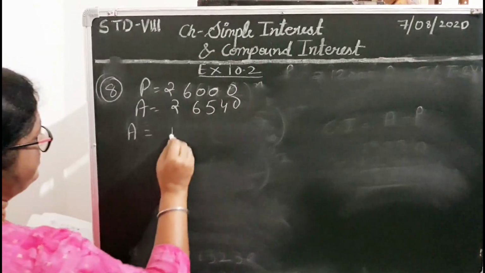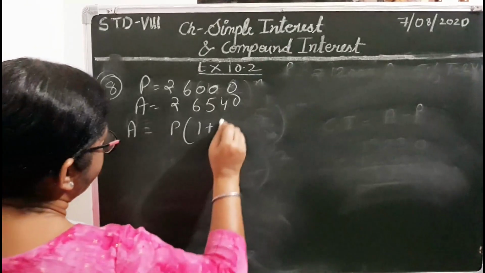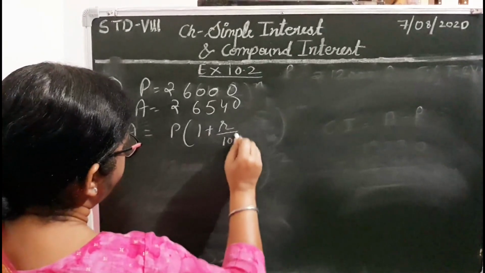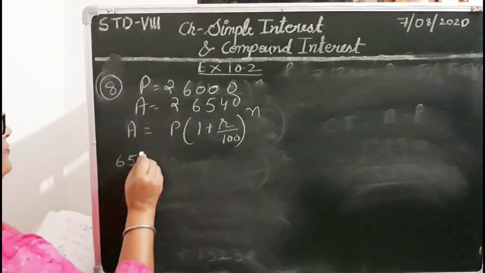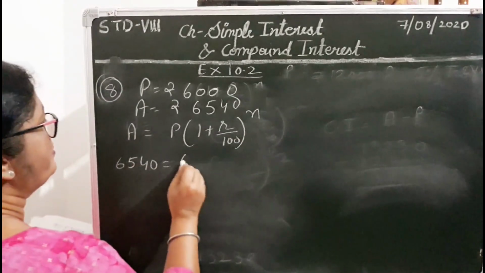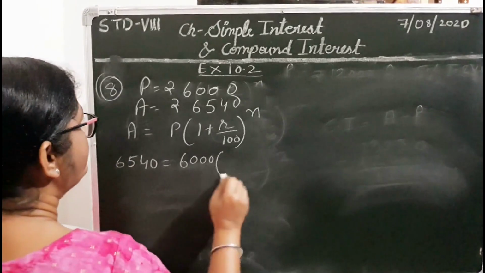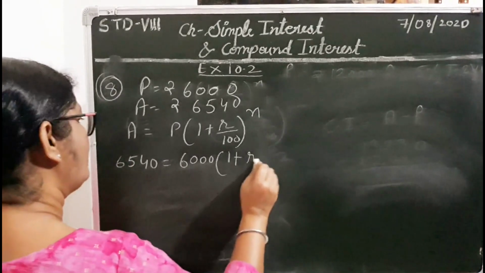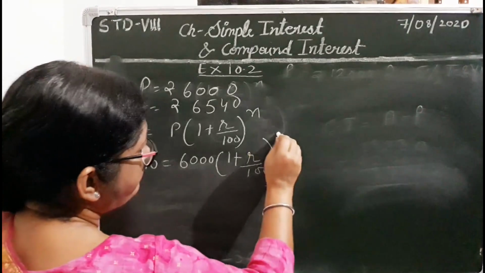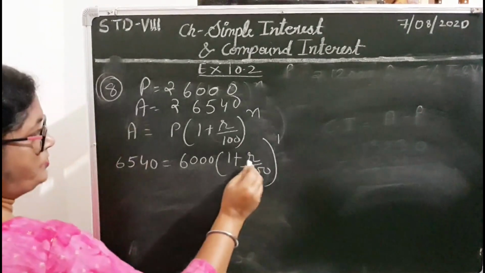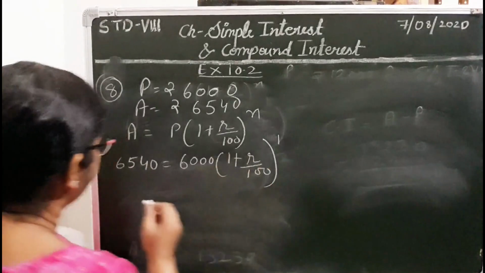Formula same: 1 plus R over 100, and amount is 6,540. Principal 6,000, 1 plus R over 100, and time 1 year. You should find the R.